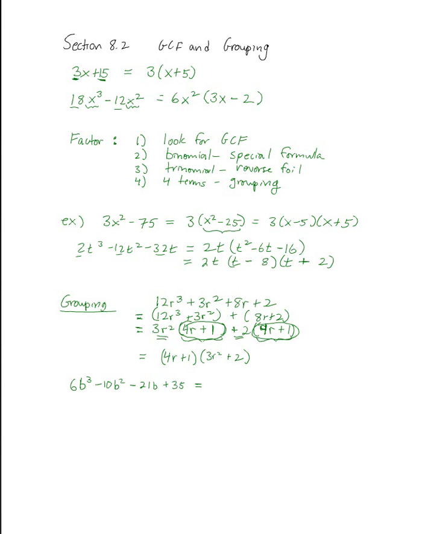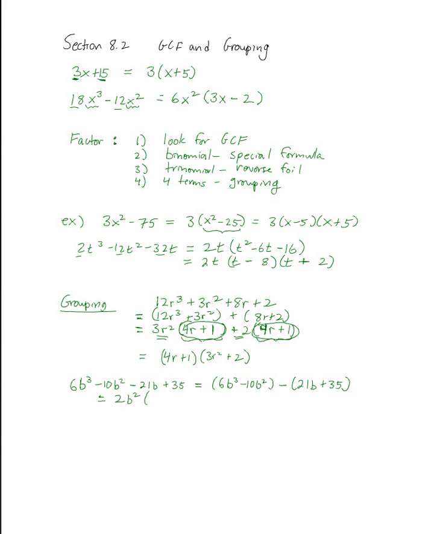All right, so pay attention to this one. Like I said, I'm going to make a mistake on purpose. 6b cubed minus 10b squared minus 21b plus 35. So I factor by grouping. I put my things in pairs. What comes out of the first group? Well, let's see, 6 and 10. 6 and 10 has a 2 in common. b cubed and b squared has b squared in common.